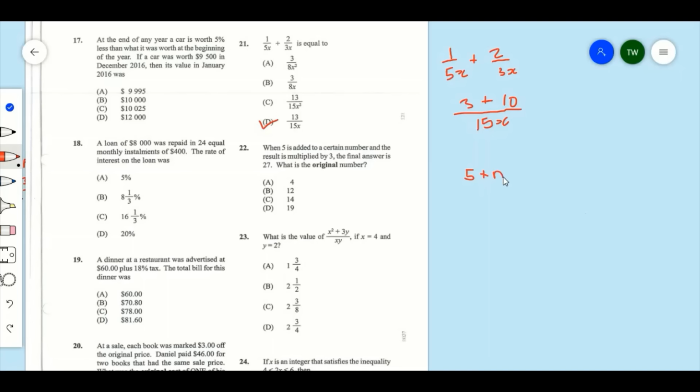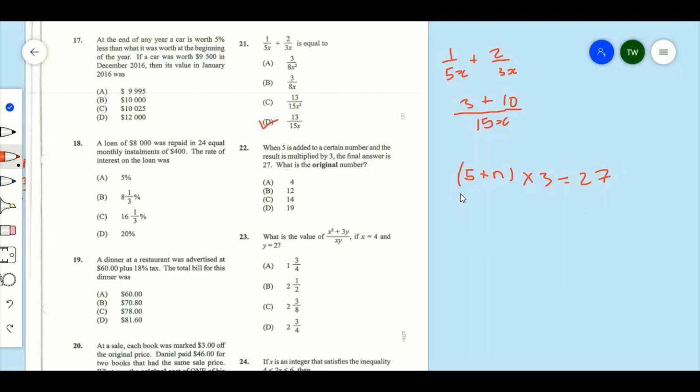So when 5 is added to n, and the result of that is multiplied by 3, then it should result to 27, right? So this is what this statement here is saying algebraically.